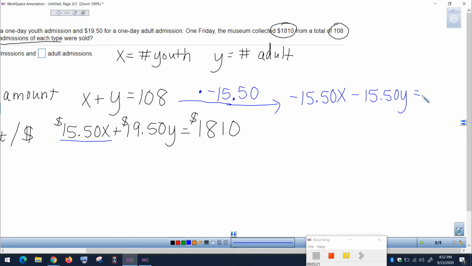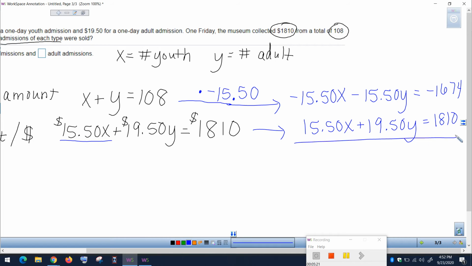I'm going to do 108 times negative 1550, and that is negative 1,674. And I'm going to recopy the bottom equation, but I'm not going to make any changes to it. I think the numbers are actually going to work out here really nicely.